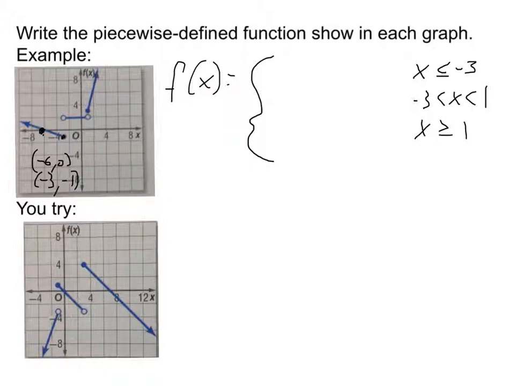So I'm going to use those. I'm going to make a little slope triangle. That thing goes down 1, over 1, 2, 3. Okay, so negative 1 over 3 is that slope. So the slope there is negative 1 over 3.